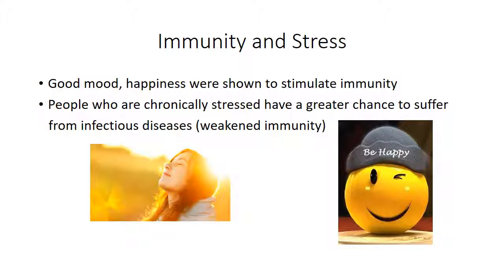So people who are chronically stressed, people who are unhappy because of whatever, people who have huge demands, people who are always sad or angry because they think that they did not receive enough from others, from the society, etc., they are more likely to get infectious diseases.